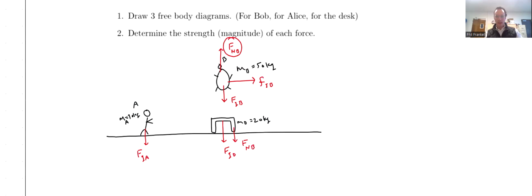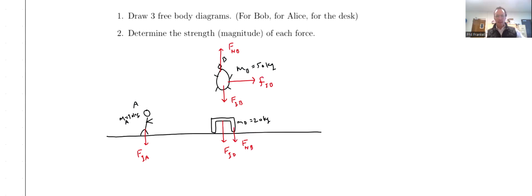That's a Newton's third law pair across these two free body diagrams. I'm going to label that normal force FNB, because it is the same strength as the normal force that the desk exerts on Bob, but this is just the Newton's third law counterpart to that force.